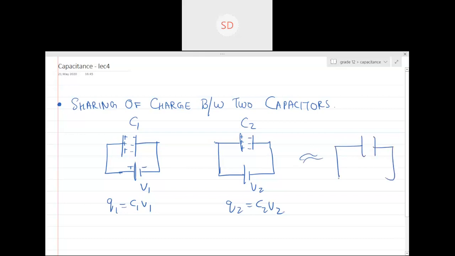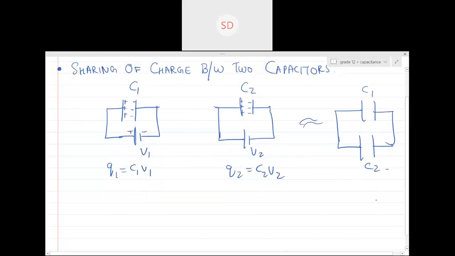Can you see I have connected C1 and C2 together? Okay. So don't draw this, by the way.